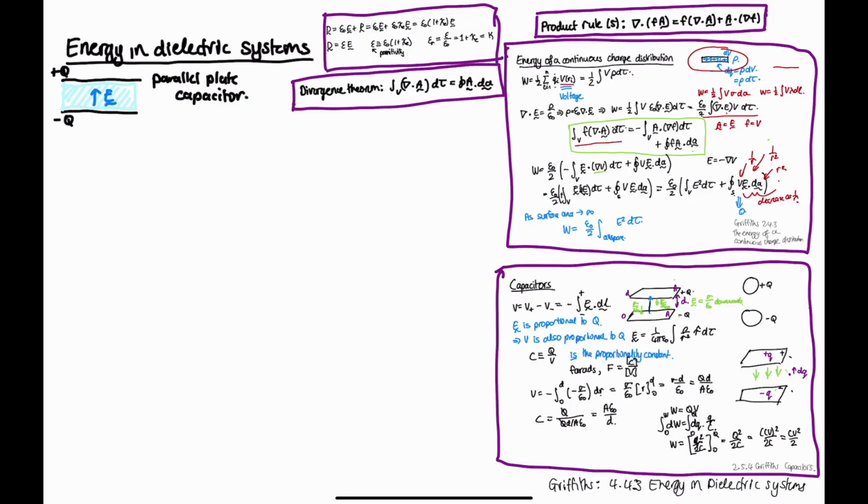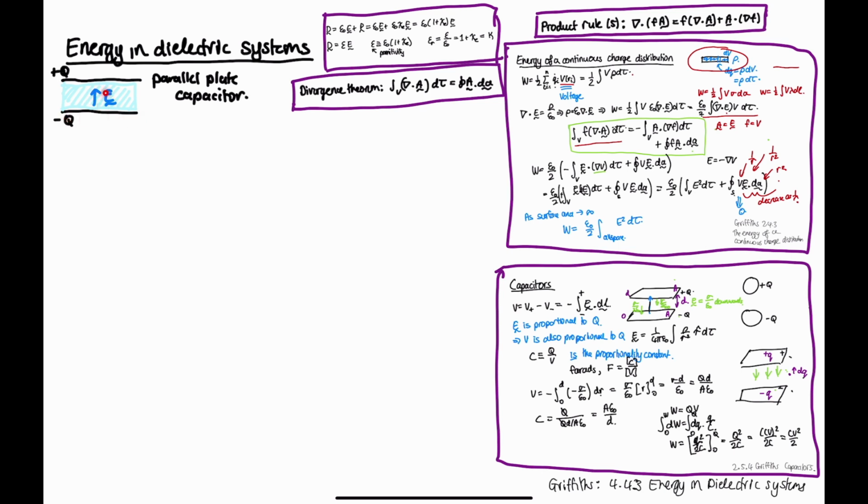Right, now what we're going to do is calculate the amount of energy we need in order to assemble a dielectric system. So let's start by picturing a parallel plate capacitor, as this is probably the simplest dielectric system to imagine. We've got our positive plate up here and our negative plate down here.